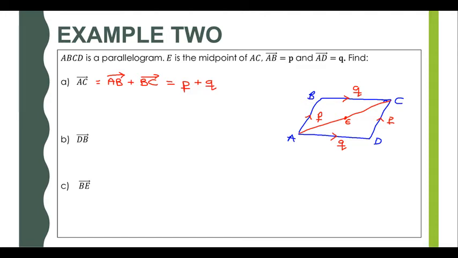If we look at part B, we want the vector DB, which is the same as DC plus CB, or we can think about that as DC minus the vector BC.